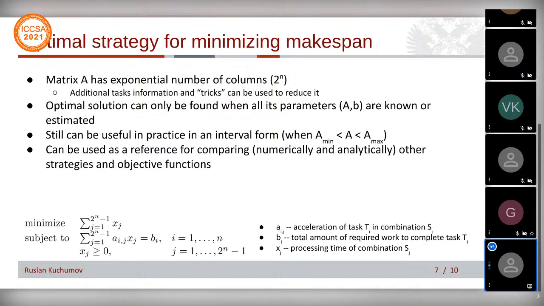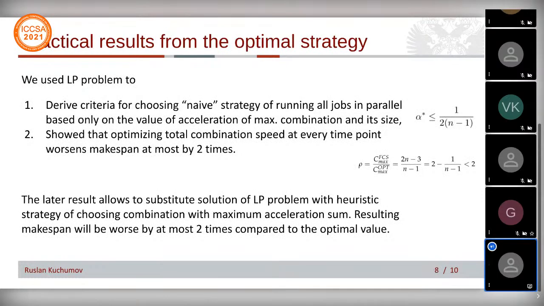For example, we have shown in this work that a simple naive strategy of running all of the jobs in parallel can be used if a certain condition on task processing speed holds. And this condition is as simple as this formula: an average task processing speed slowdown rate should be less than a value that depends on the number of tasks in the system.